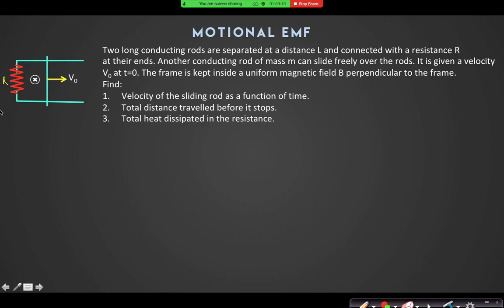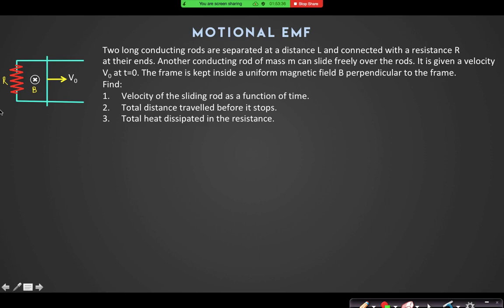This distance is L, and this is mass M. It is given a velocity V0 at t equal to 0. The frame is kept inside a uniform magnetic field B. Find the velocity of the rod as a function of time, total distance travelled before it stops, and the total heat dissipated in the resistance.